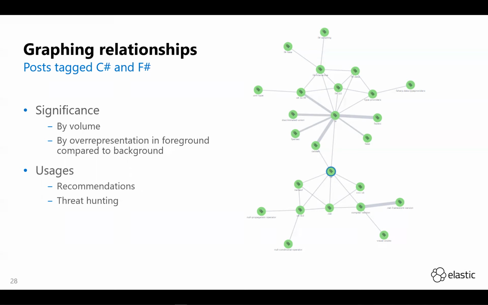So if we're indexing security data, for example, which we're not doing here, but if we were indexing firewall logs or other kinds of logs, we can use the graph here to explore that data to understand and write out different threats that may be appearing within our network.